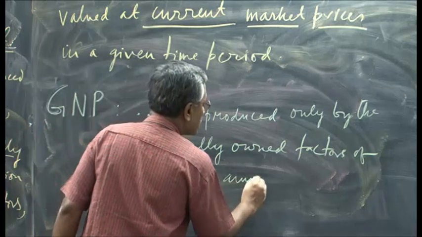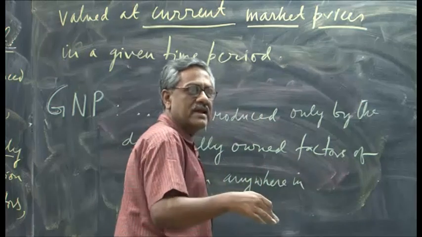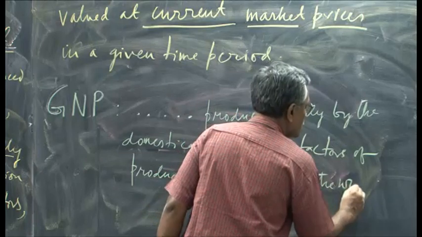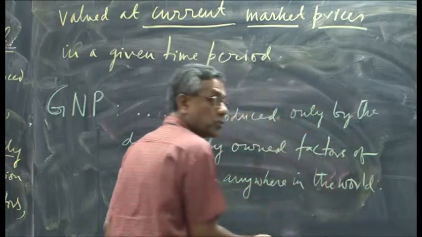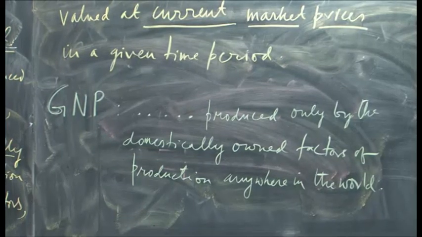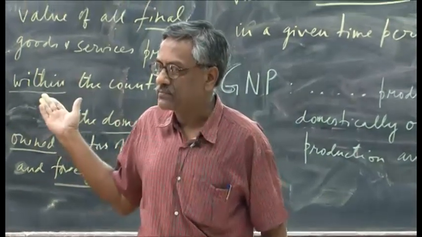Anywhere in the world. That means both within and outside the country. Indians may be producing something either in India or outside, and that is GNP. Everything else is the same.